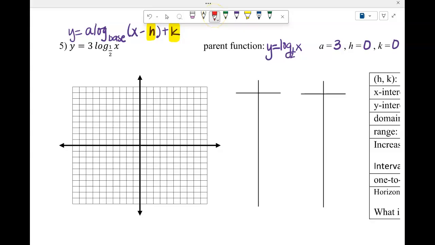Now, we do want to write it as an equivalent equation in exponential. Start with your base, okay? So your base is a half to a y exponent equals x. So this means your y is your input, so we are going to choose y to put into the equation.